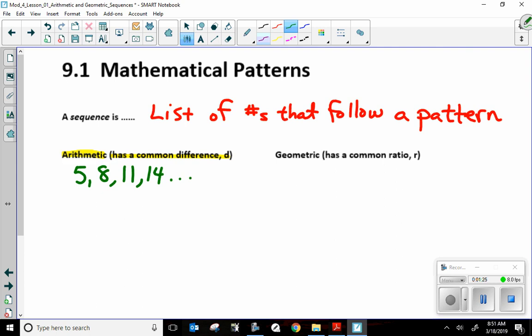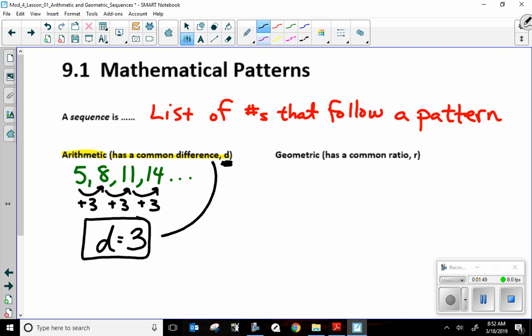Now, it does not take a rocket scientist to figure out that in order to get from one term to the next term, all I'm really doing is adding 3, correct? And so forth. So guess what? My common difference, which they use the variable d, is a positive 3. Okay, that's what this means.